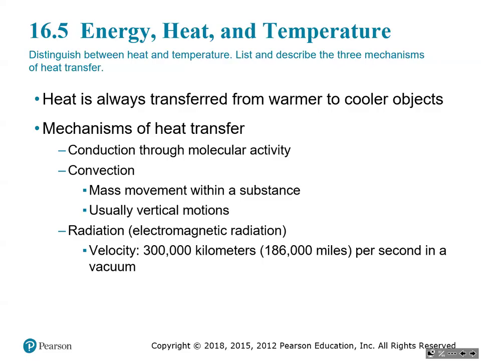So if you've got a heater in your car, your heater blows air over your engine, which is hot, and that air is moved into the body of your car to warm it up.